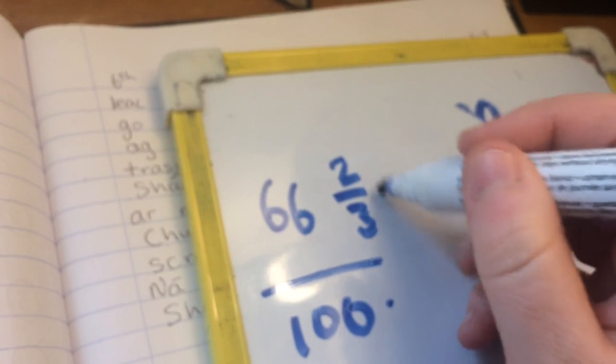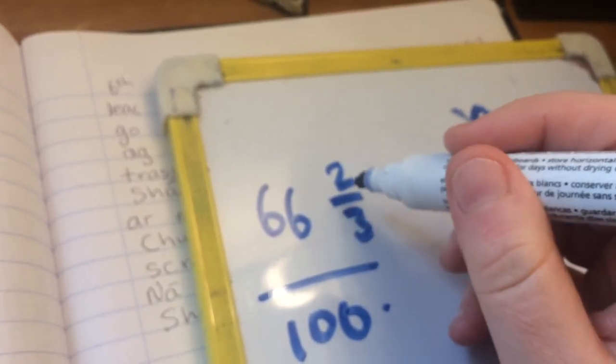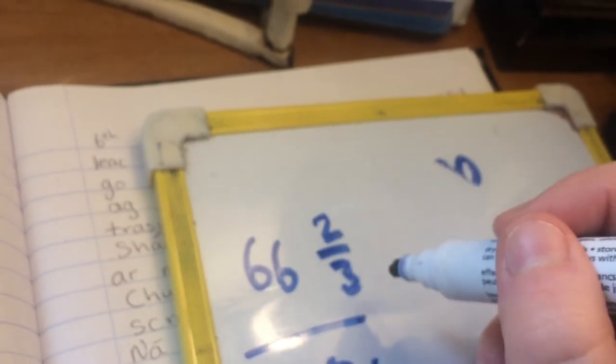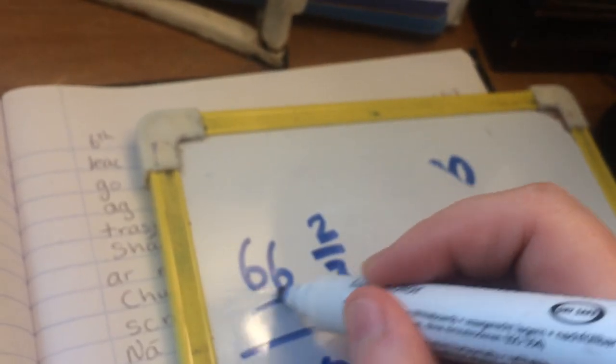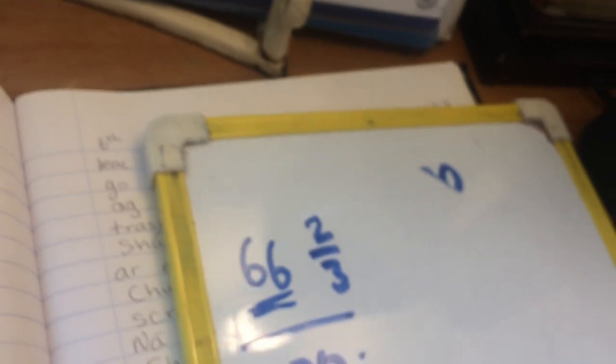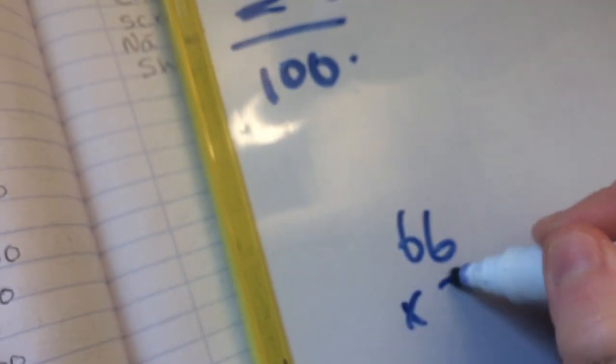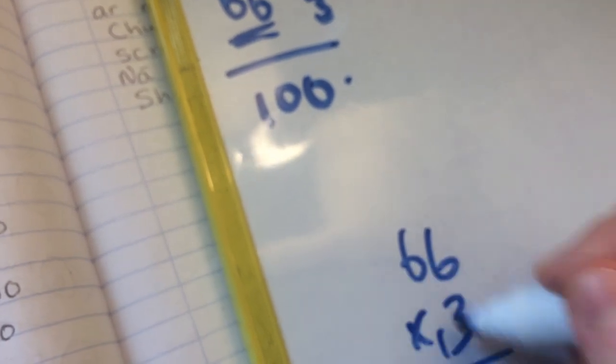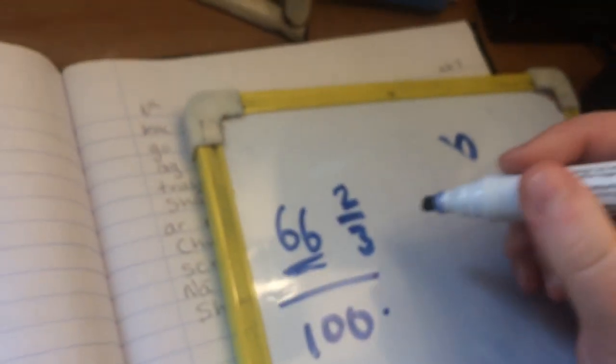Okay, so what will get rid of that? So if I multiply 2 by 2 is 4, 4/3, we need 6/3. So what do I multiply 2 by to get to 6? 3. So we're going to multiply this by 3. Okay, so 66 multiplied by 3. 3 6s are 18, 3 6s are 18, and 1 is 19.